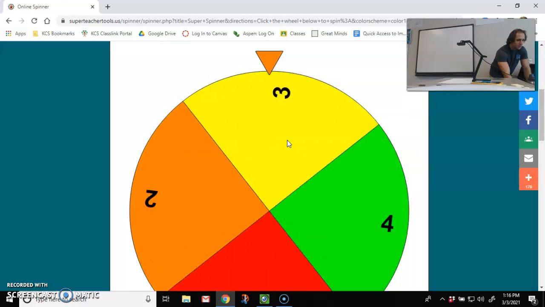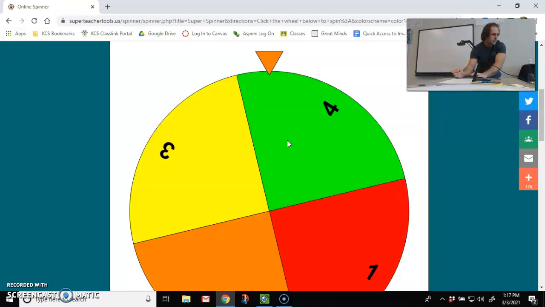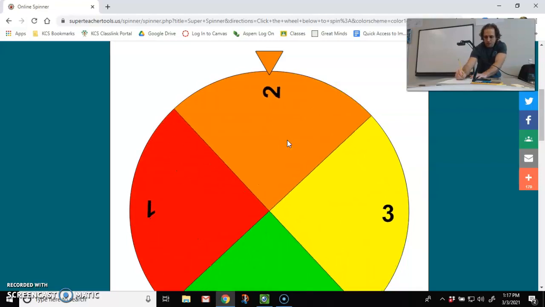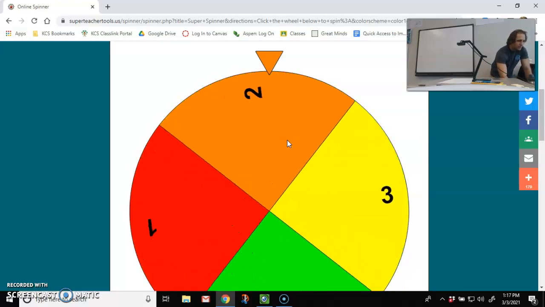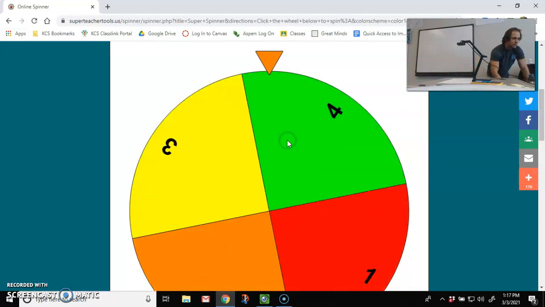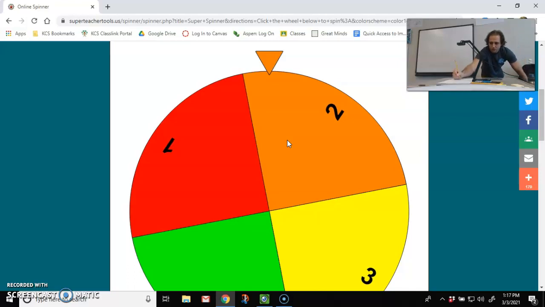So I'm just going to click it, and I got 4 and 2. So I just put those numbers down, 4 and 2. You can do this at home. We'll try to put a link in the Canvas page for you to go to an online spinner so that you can actually do the experiment yourself and you would get your own results.